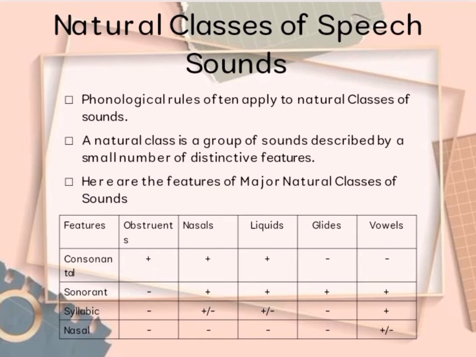To give a further example, the system of Chomsky and Halle defines the class of voiceless stops by the specification of two binary features, continuant and voice. Any sound with the feature continuant negative, not able to be pronounced continuously, and the feature voice negative, not pronounced with the vibration of the vocal cords, is included in the class, thus specifying all and only the voiceless stops.